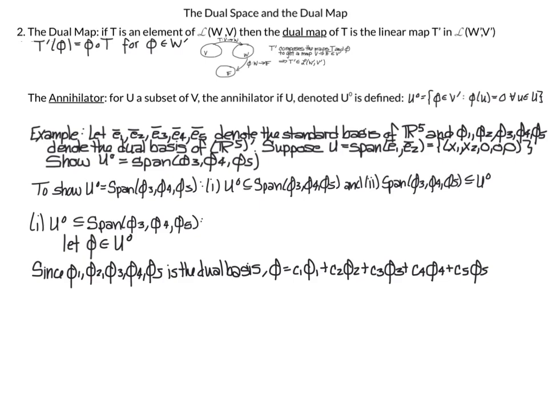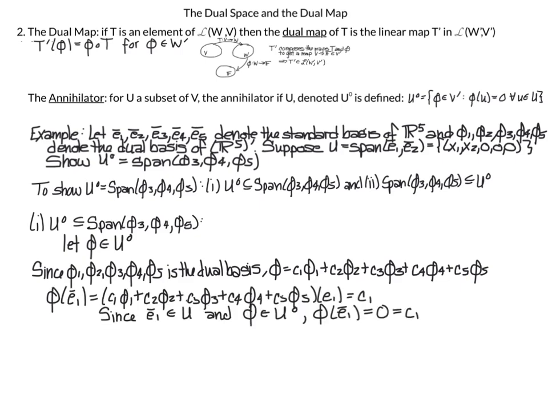Since phi1, phi2, phi3, phi4, phi5 is the dual basis we designated, our phi can be written as a linear combination of our dual basis vectors. Our phi of e1 then, we write phi as a linear combination of our basis vectors, evaluated at e1. Now remember, e1 is going to pick out our first coordinate, c1.